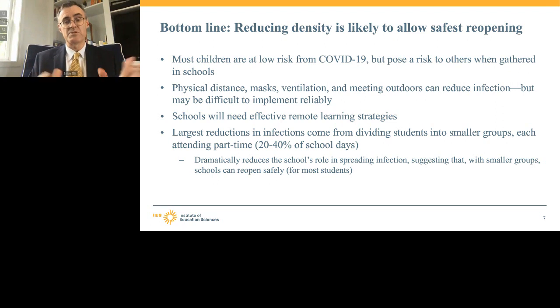That is, there will always be some students who are at high risk and who may need to learn from home entirely. But as a general matter, as a policy proposal, it is possible to reopen schools with small groups without dramatically contributing to increases in infection rates in the local community. Very good news there.